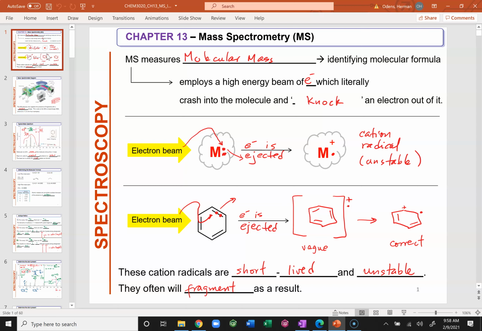Let's call this a direct hit. So we're going to do a direct hit on one of those electrons. I like to call it that. There might be a different terminology, but that's good enough for me.